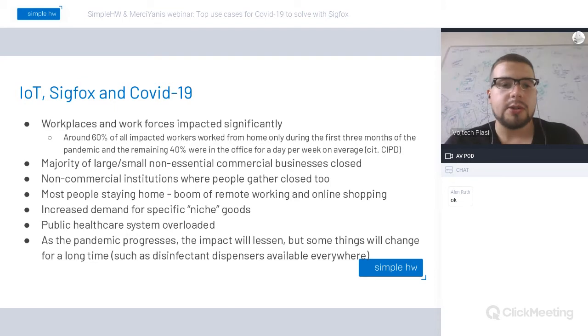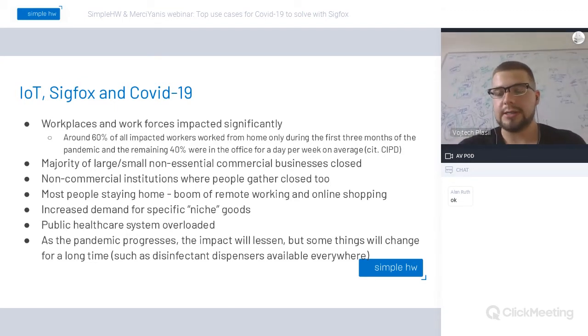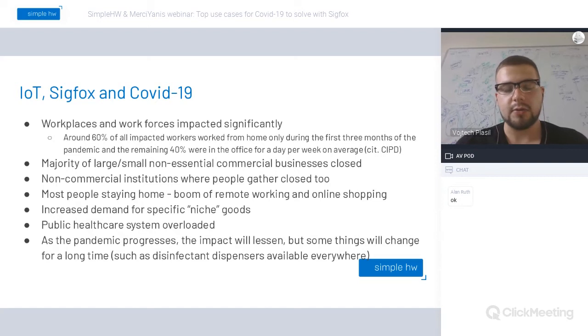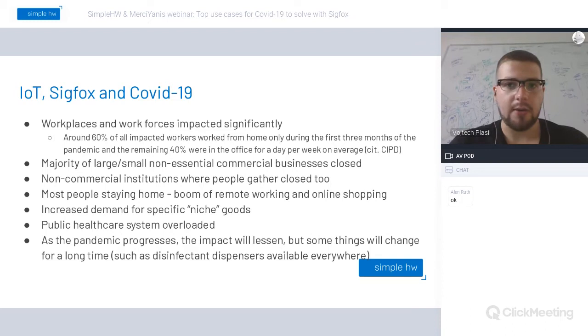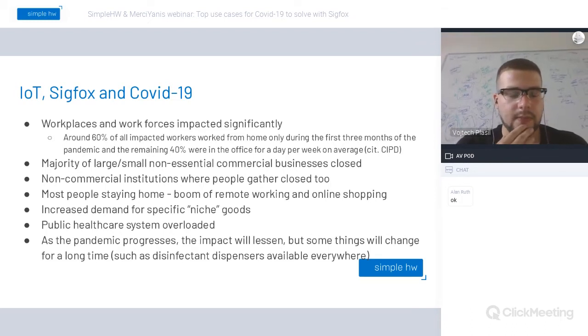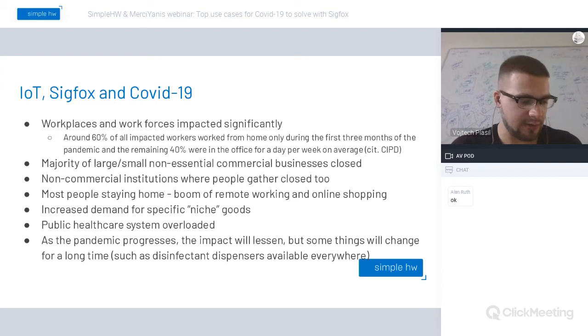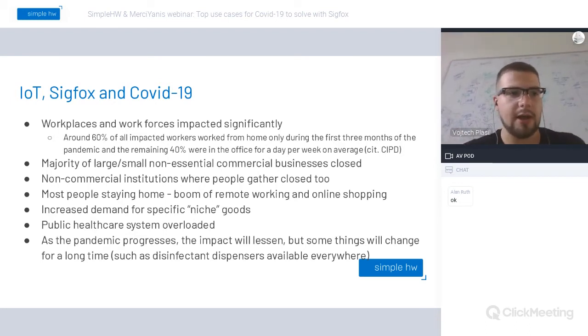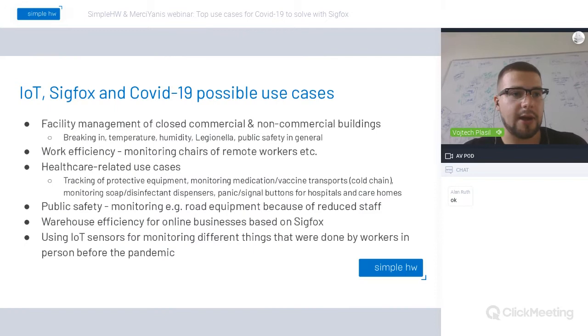And what's important to note is that as the pandemic progresses, we have the peak behind us, but the impact will still be felt, I think, for months and in some cases for several years from now. So of course, this is a good place to implement IoT as well. I will talk about the reasons in the next slide. So let's go there.